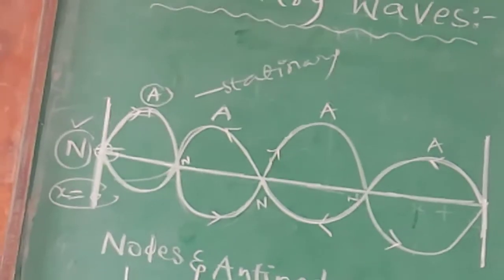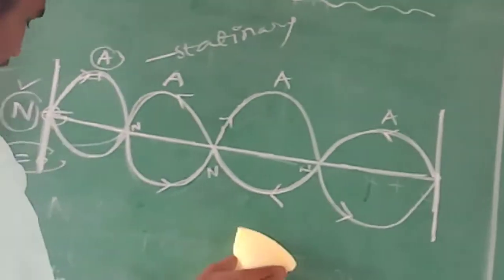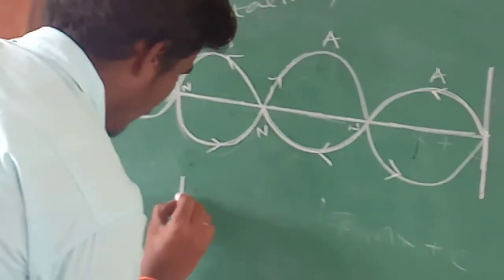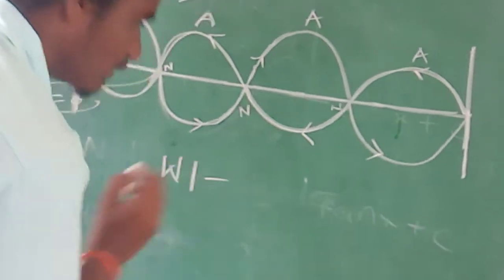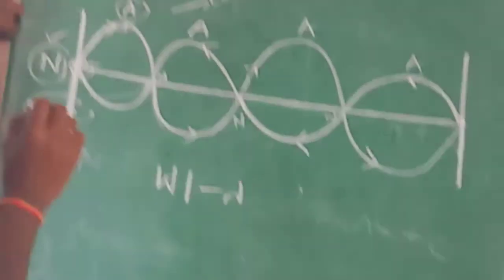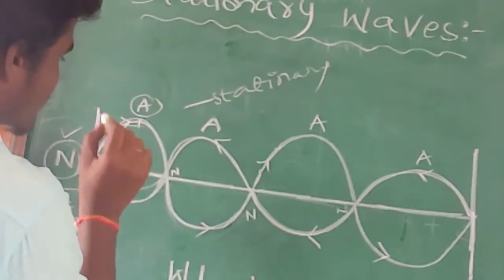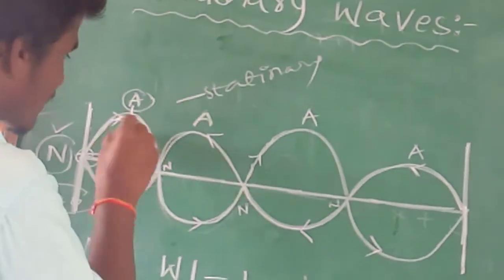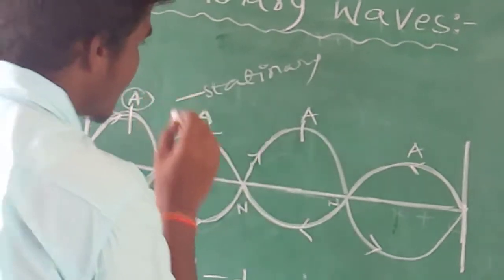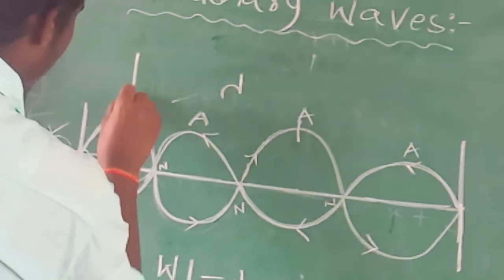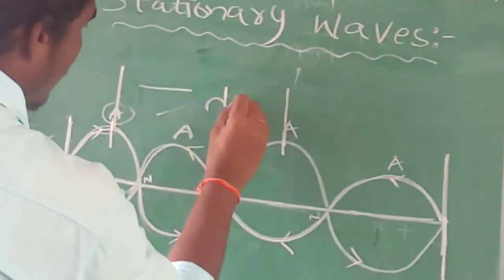Now we will find the distance between nodes and antinodes. We already know the wavelength is lambda, the distance between two successive crests or fronts. This point to this point is lambda.